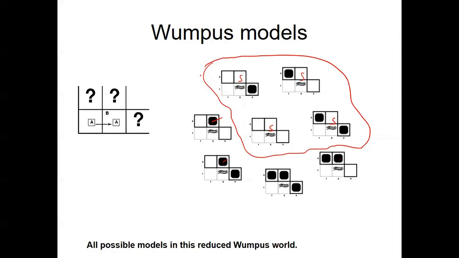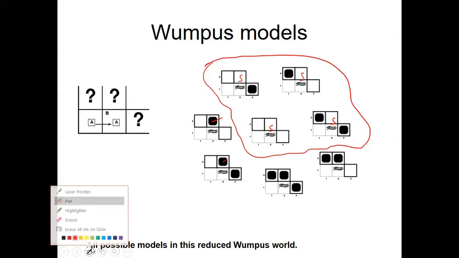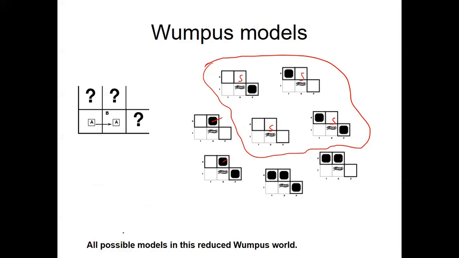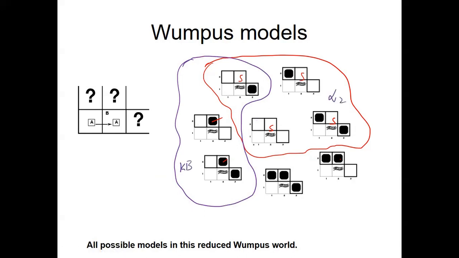Okay. But what is KB? Let me draw here itself. Let me use a different color. What is our KB? KB is this. This is alpha 2. Now can you say that KB entails alpha 2?